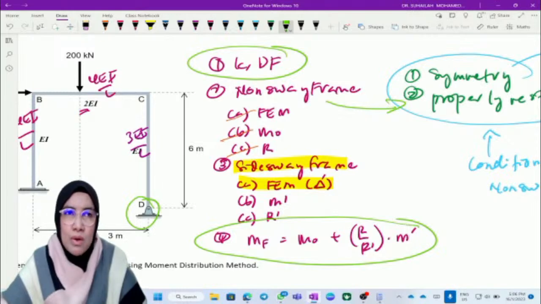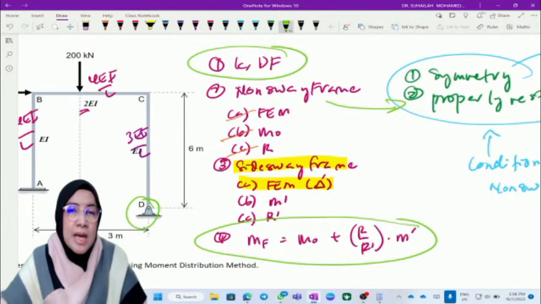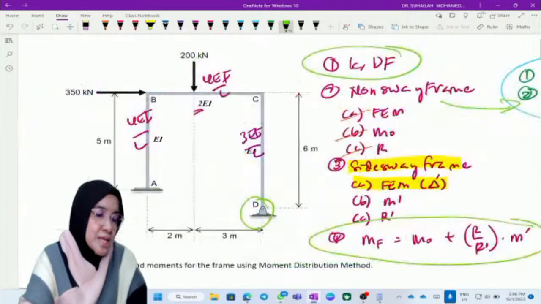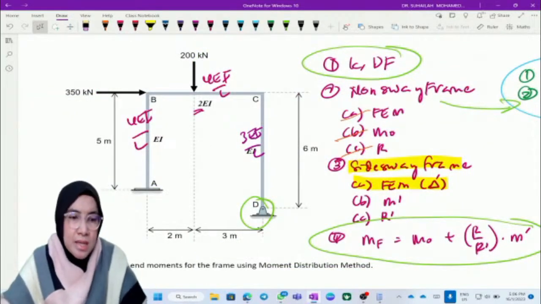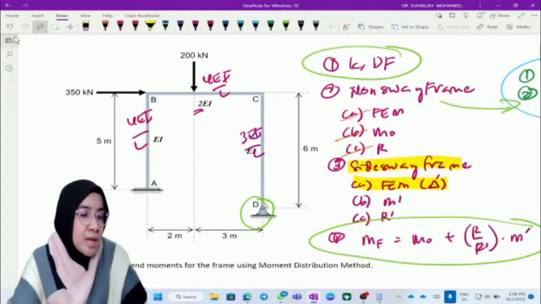What we do is only an assumption under the sidesway frame analysis, and in the final step we find the correction factor. So that is the analysis of a frame with sidesway.